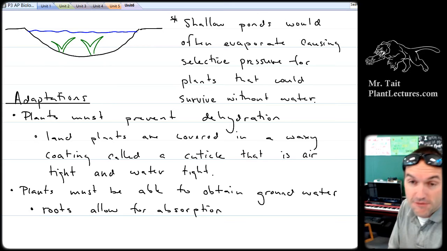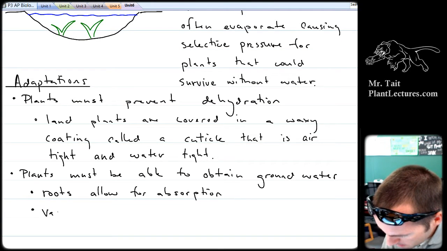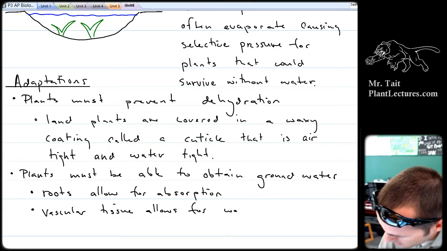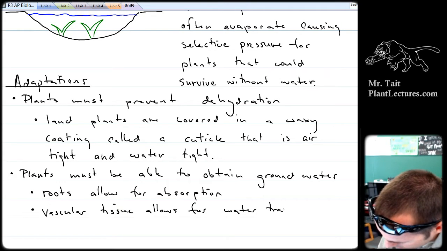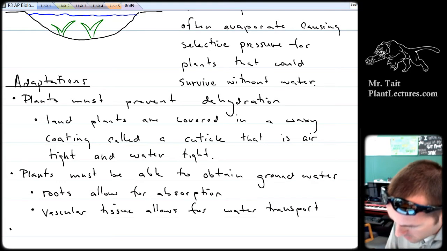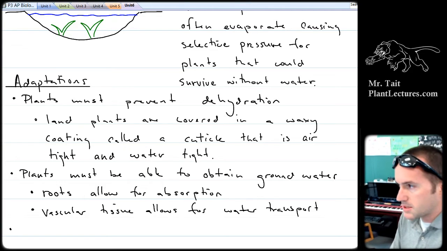Yeah, they've got vascular tissue, right? Vascular tissue allows for water transport. Okay. What else is a problem?